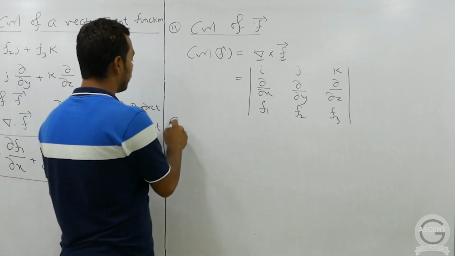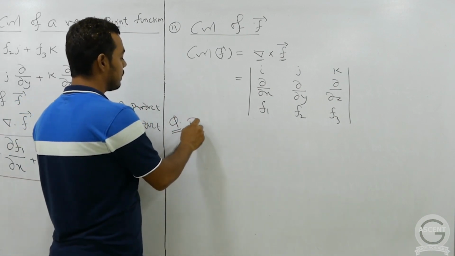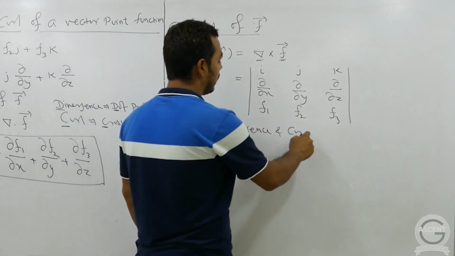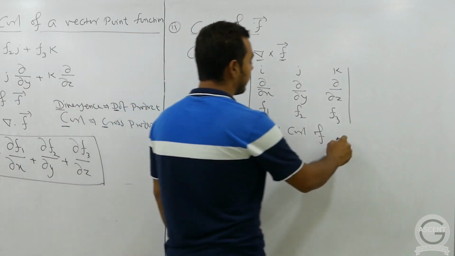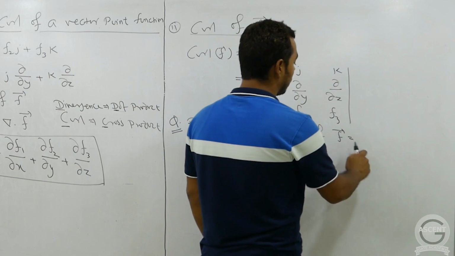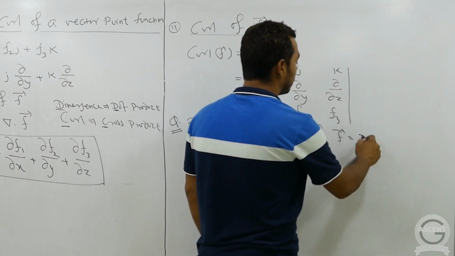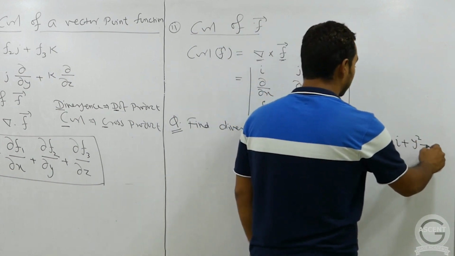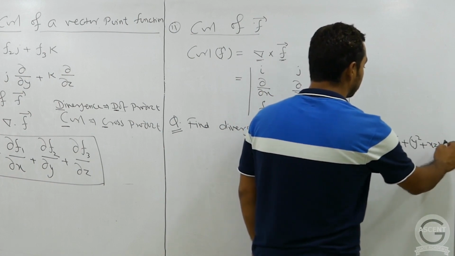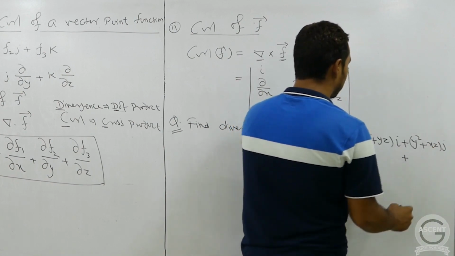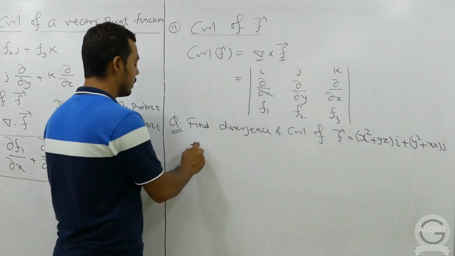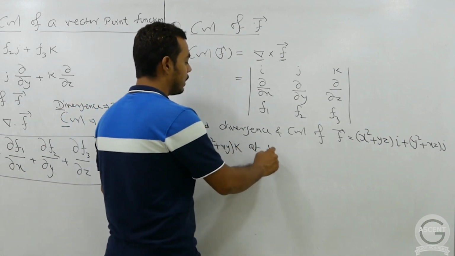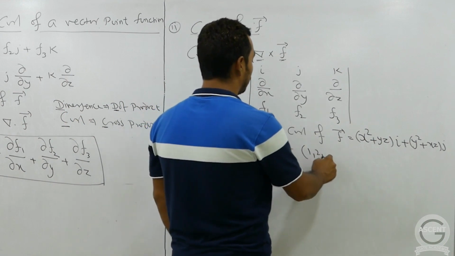Now with the help of one problem, we'll see how to calculate these things. So suppose the question is: find divergence and curl of this vector f, which is, say, x square plus yz i plus y square plus xz j plus z square plus xy k at point 1, 2, 3.